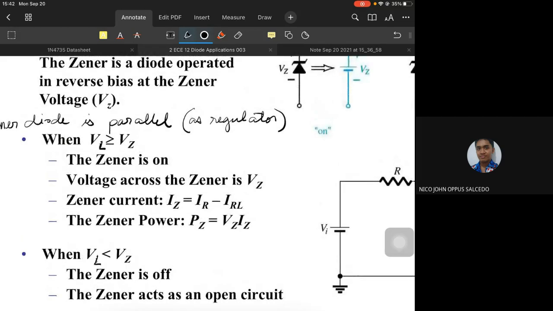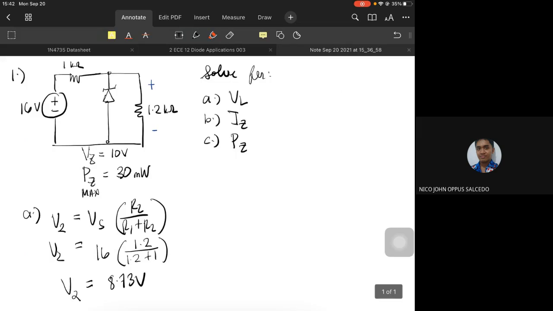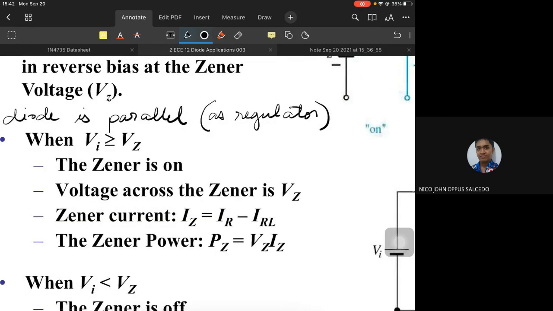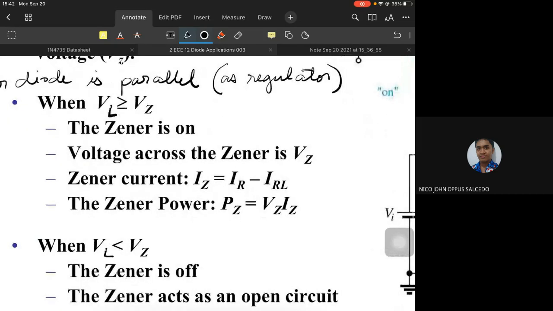So when the voltage across the load is greater than or equal to VZ, the Zener is on.